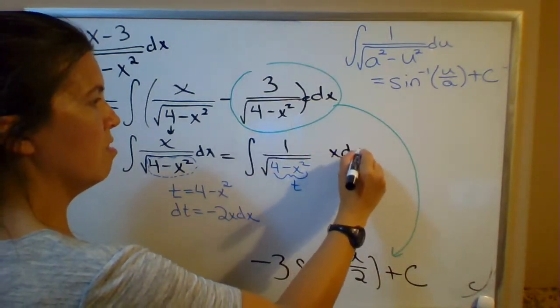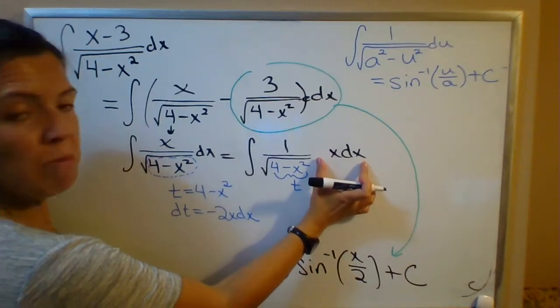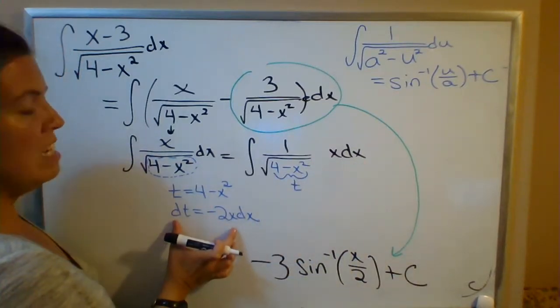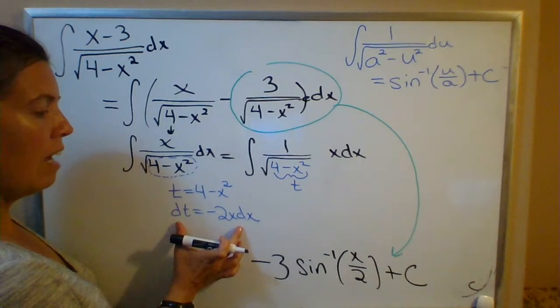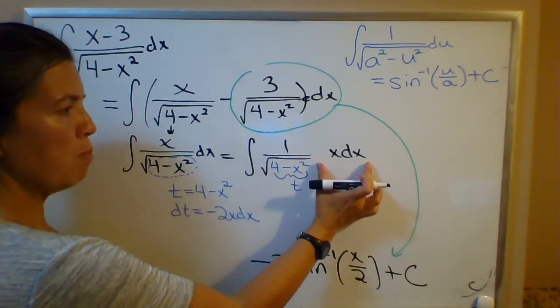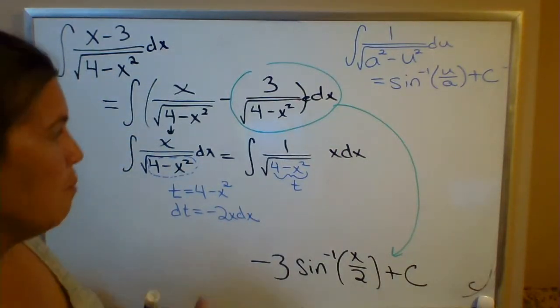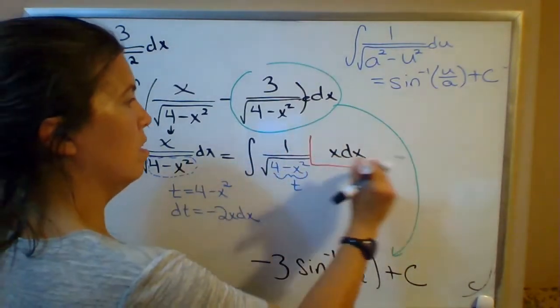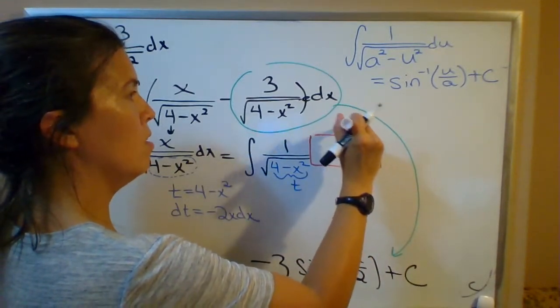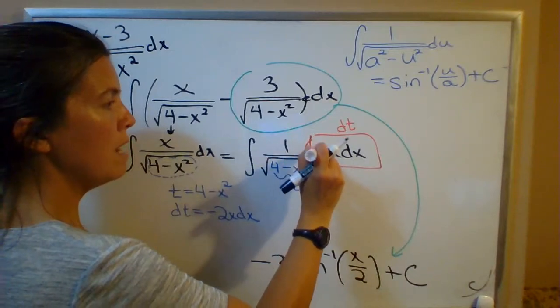So I'm sliding the x off on the end here because this is where I want to form that differential du, or dt in this case. dt is equal to negative 2x dx. So I'm sliding the x over here next to the dx in preparation for what I hope will become dt back here. So in order for this to be equal to dt, I need to multiply by negative 2.